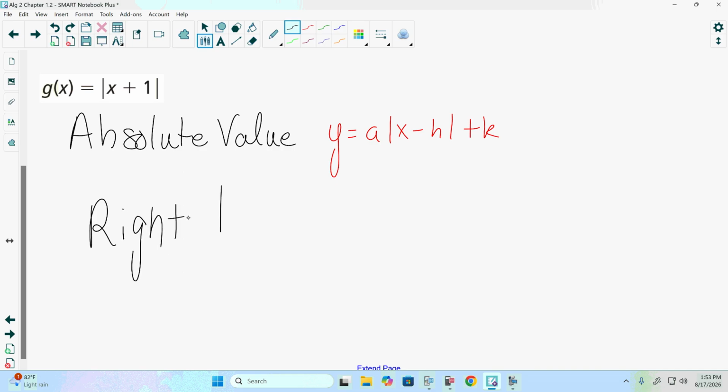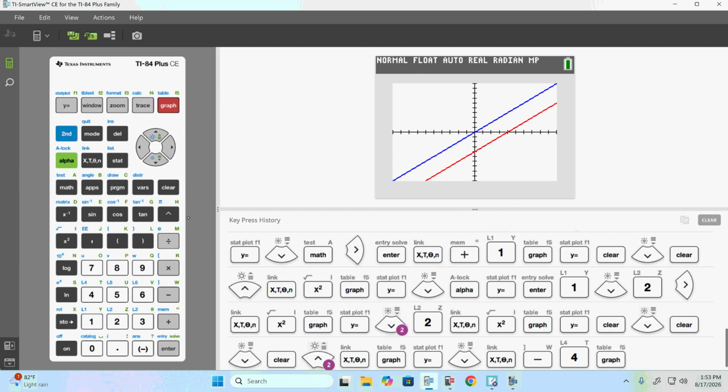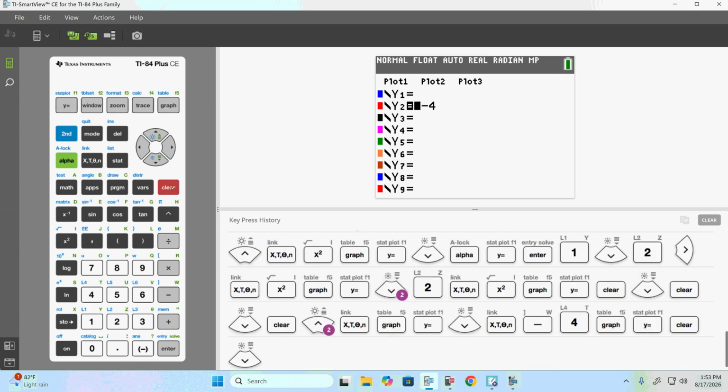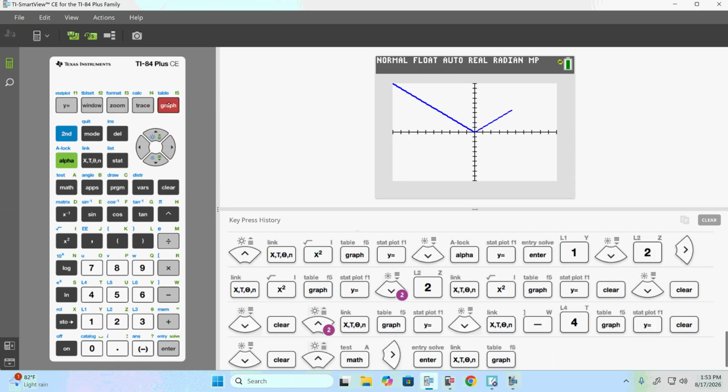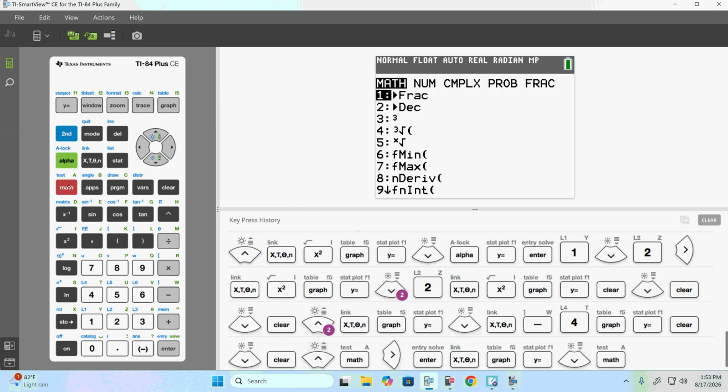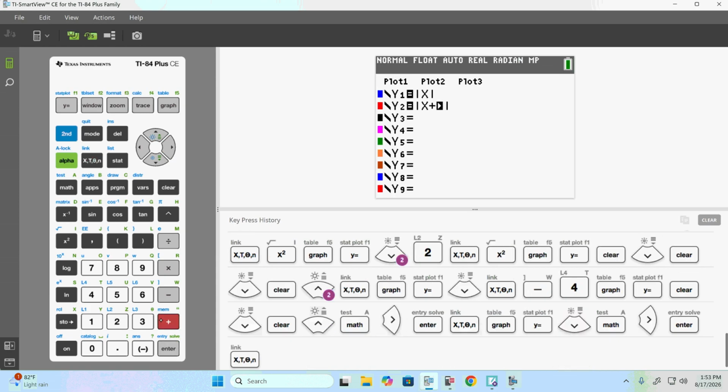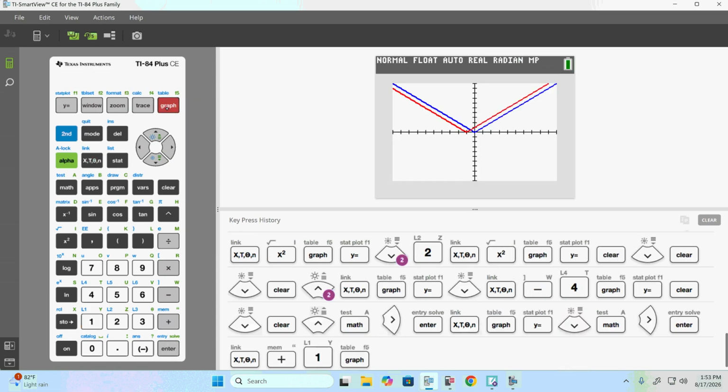All right. Now it takes a few more buttons to hit to get there for this one. There's our absolute value, yes? x plus 1. And as we can see here, the graph definitely moved 1 unit to the right, yes?